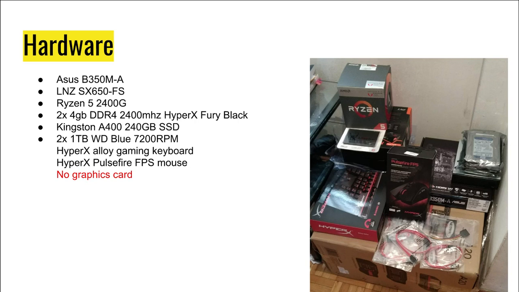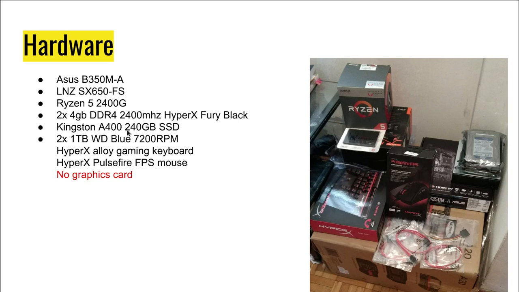Then I chose a Kingston A400 240 gigabyte SSD for the main operating system, where the Arch installation will go. And for all the other stuff, I have 2 1 terabyte WD Blue hard disk drives.